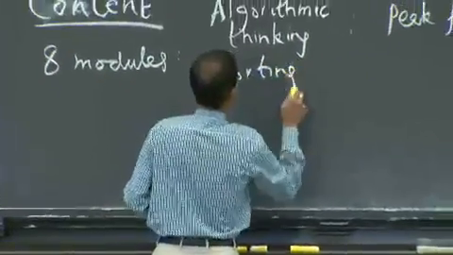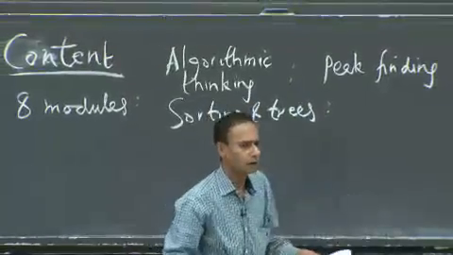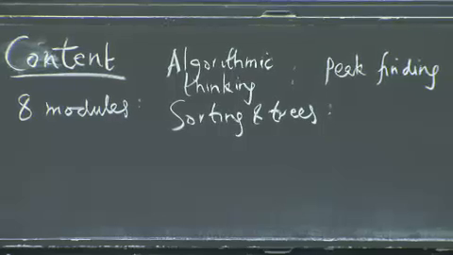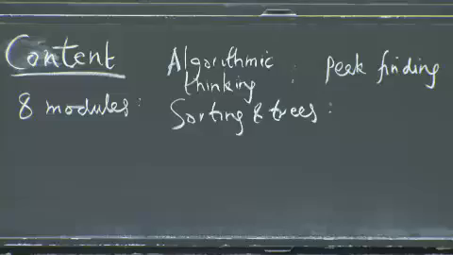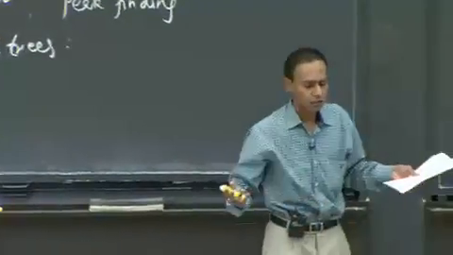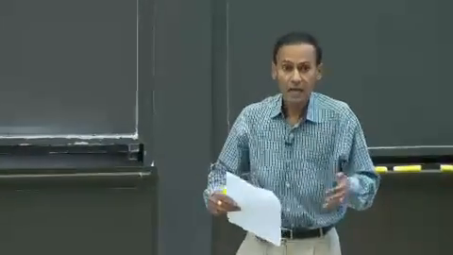We're going to be doing a module on sorting and trees. Sorting, you know about: sorting a bunch of numbers. Imagine if you had 1 trillion numbers and you wanted to sort them. What kind of algorithm could you use for that? Trees are a wonderful data structure. There's different varieties, the most common being binary trees.